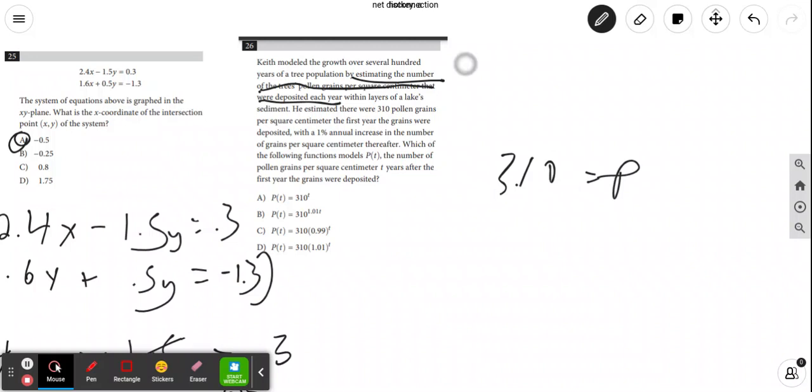Okay, I would like to use I equals PRT. I don't think that's necessary, but just putting that out there. So 310 grains per square centimeter the first year the grains were deposited, with a 1% annual increase in the number of grains per square centimeter thereafter. Which one of the following is the best?